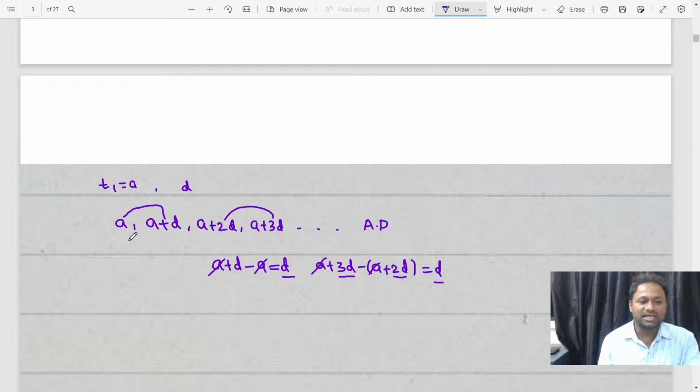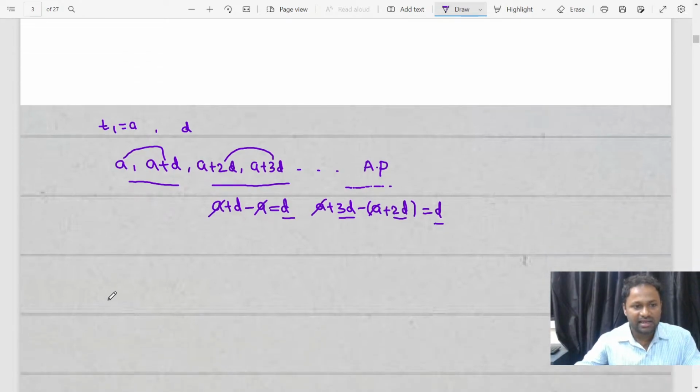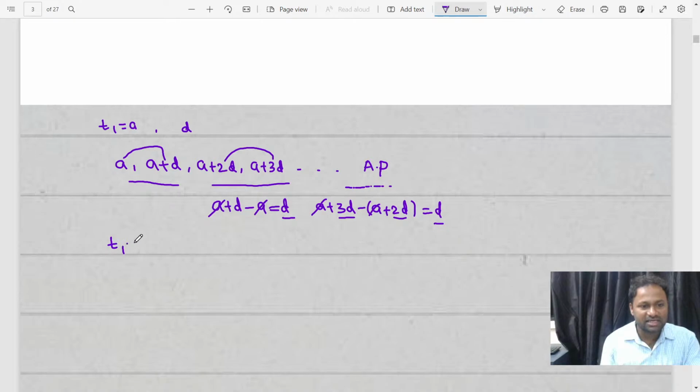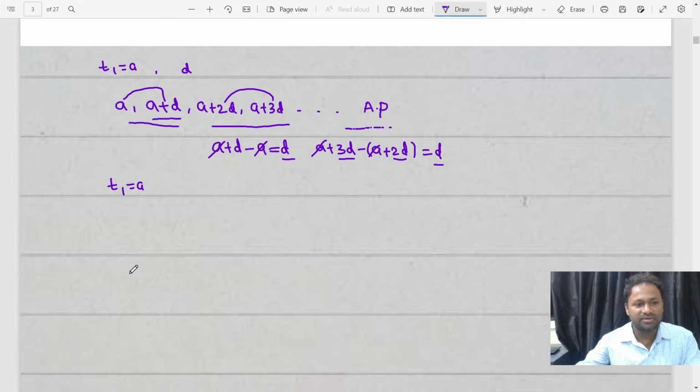That's why this represents the standard form of the arithmetic progression. Clear? Right. In this arithmetic progression, as I told earlier, the first term T1 is equal to A. And this is called the second term, T2.